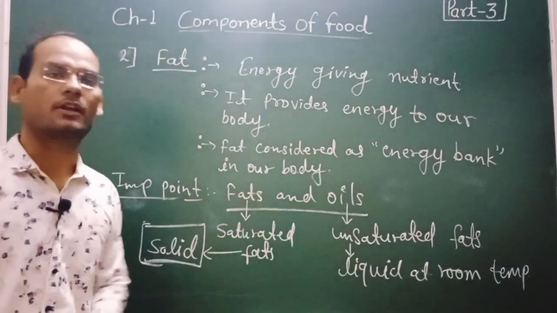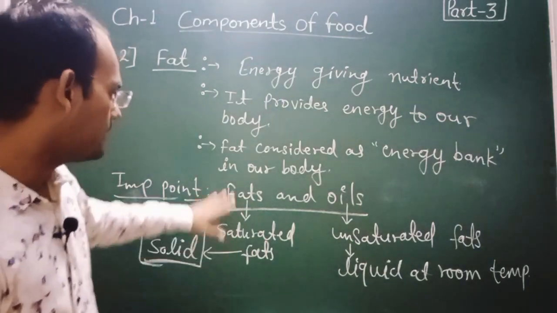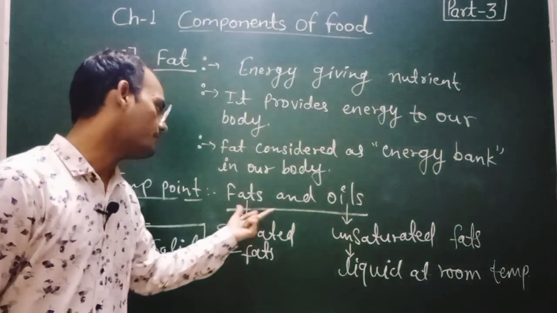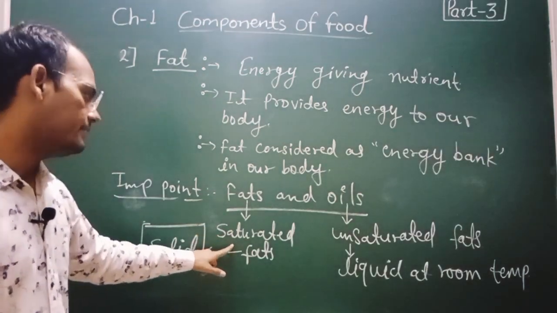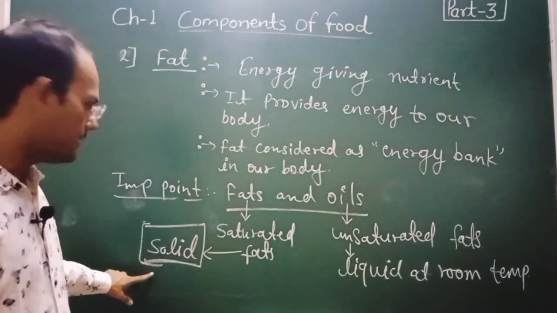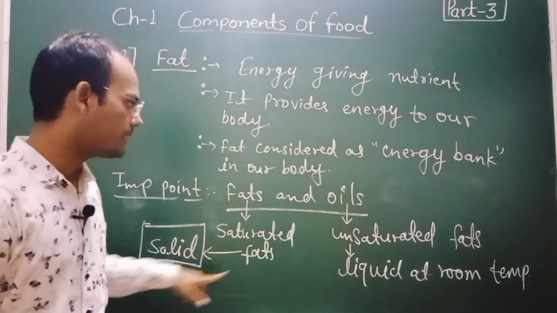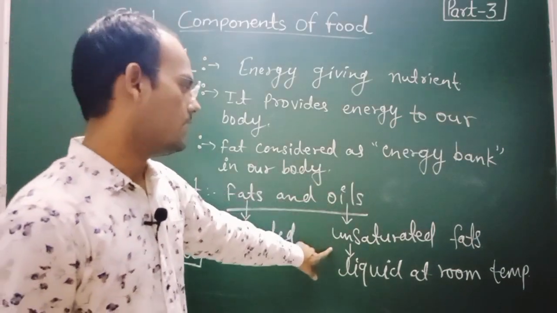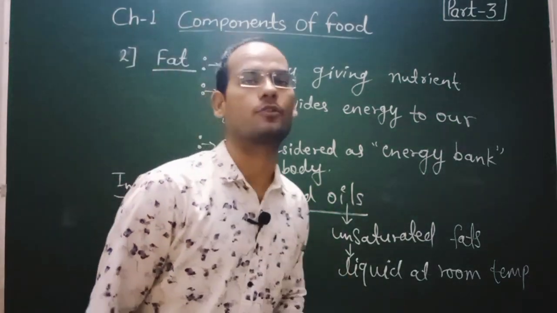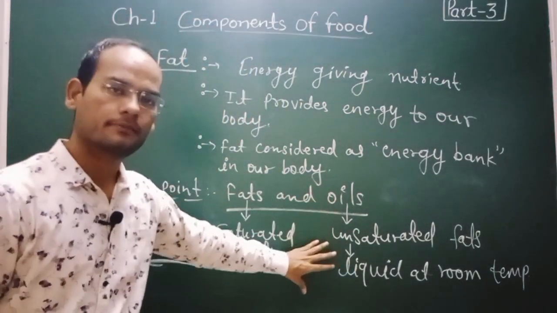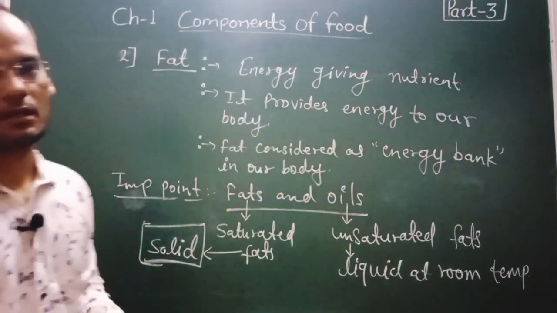So fats and oils are similar substances, with only one difference between them. Fats are saturated fats, which are normally solid at room temperature, and oils are unsaturated fats, which are generally liquid at room temperature. Clear? So this is about fat.